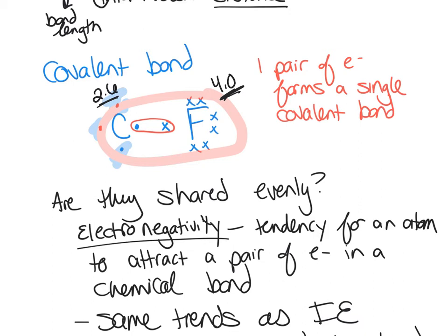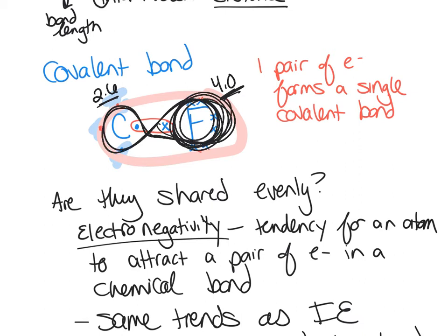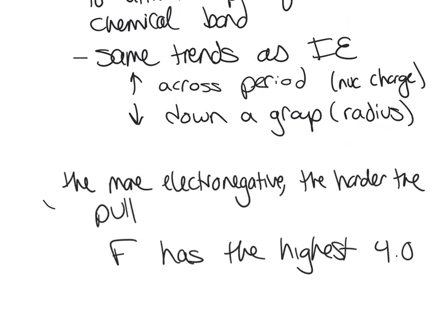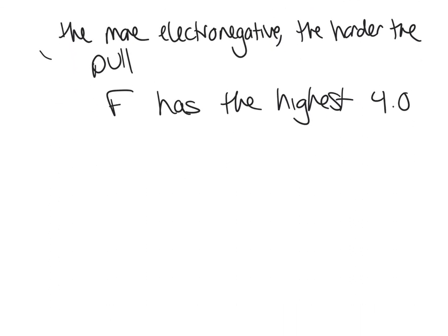So essentially, if we're thinking about this pair of electrons, they're going to spend a few times with fluorine and then one with carbon, and then a few times with fluorine and then one with carbon. And so since fluorine gets them more, the bond exhibits what we call polarity.